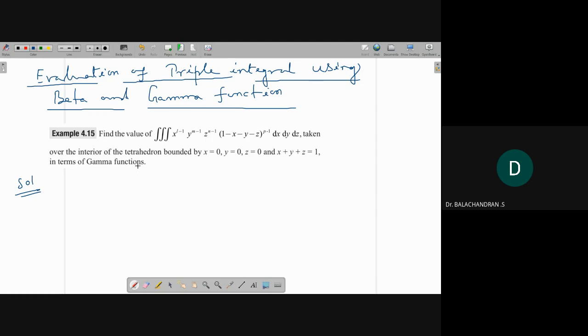So here, what is the given integral? I will take I is equal to this. I think you know the diagram for the tetrahedron, but I will draw it again.